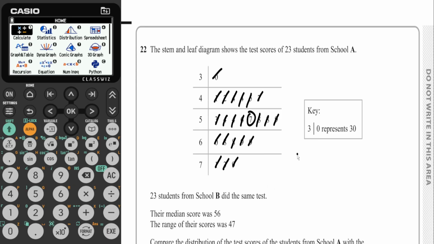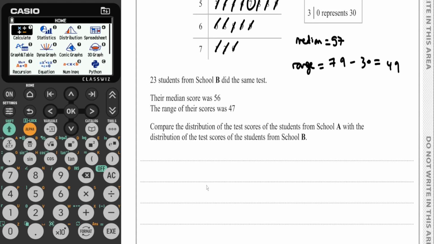So here the median equals 57, and for the range that's equal to the biggest number, which is 79, take away the smallest number, which is 30, so the range is 49.